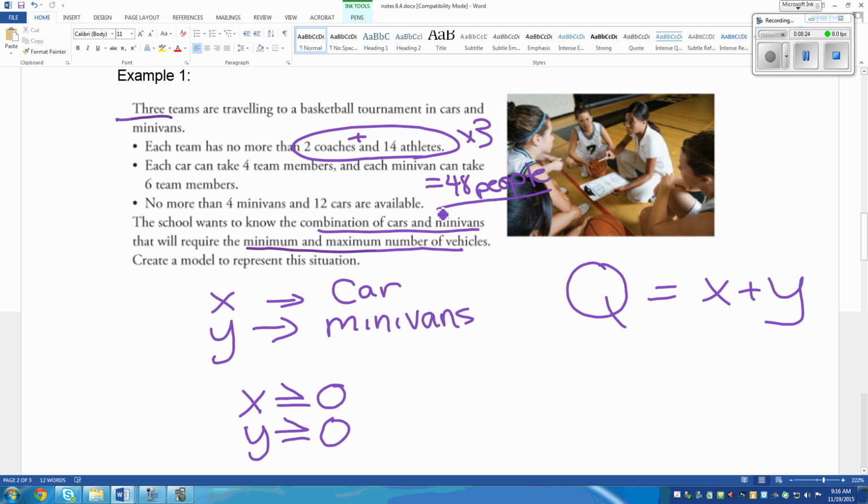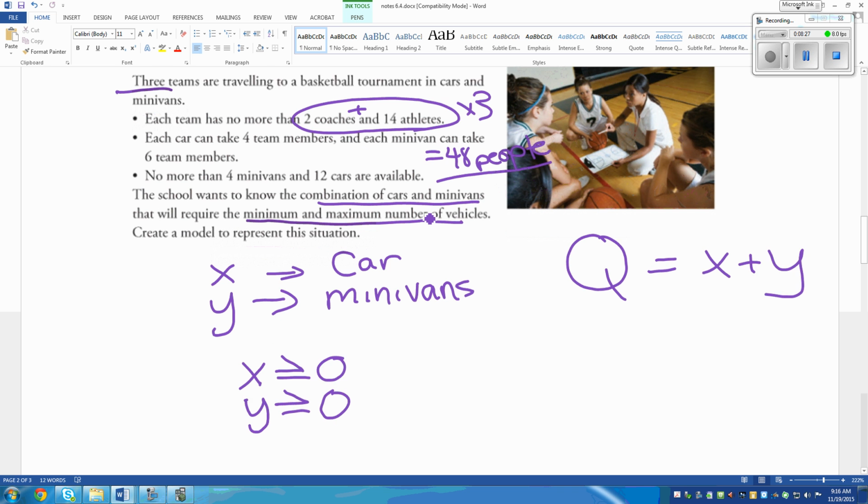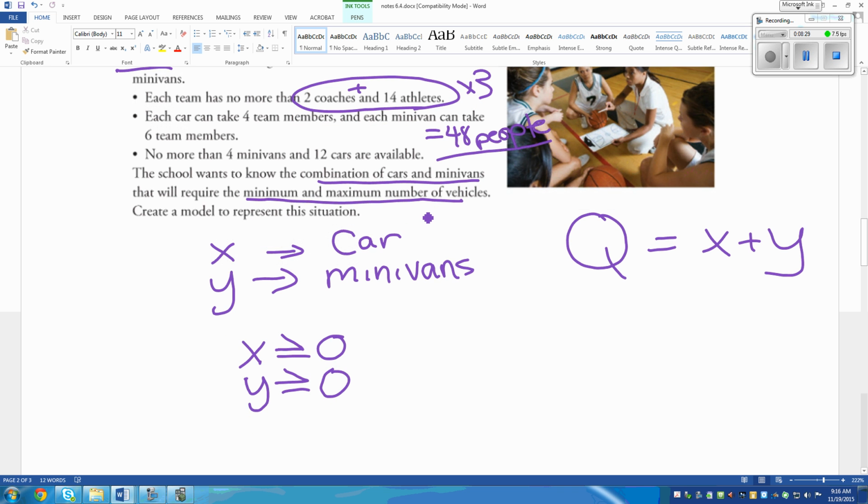So we have to plan for at most, right? Each team has no more than 2 coaches and 14 athletes. So we have 48 people. They have 4 minivans and 12 cars.